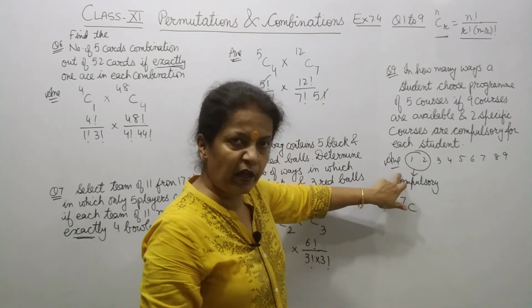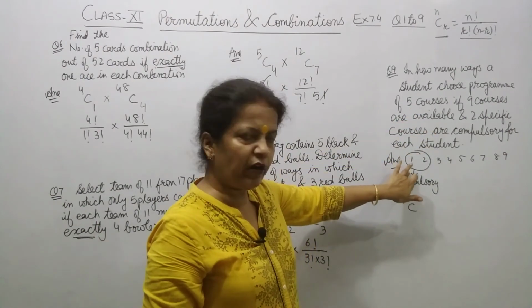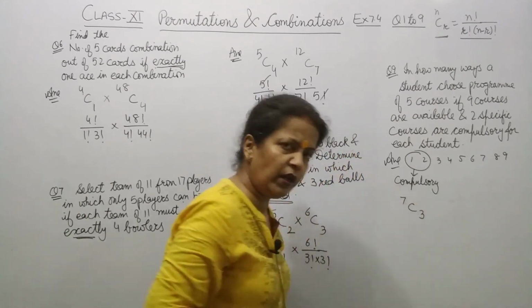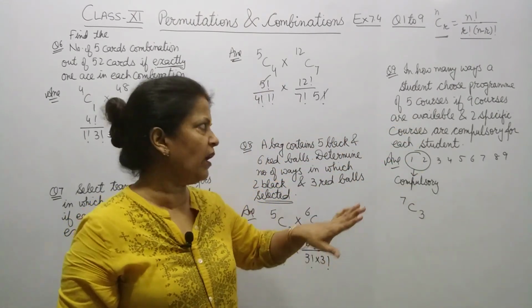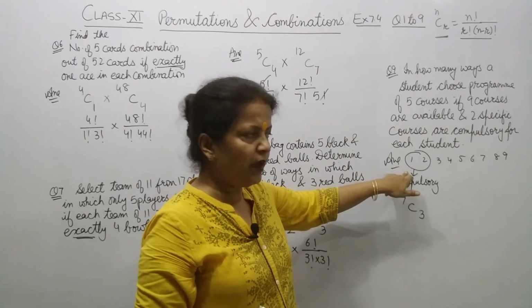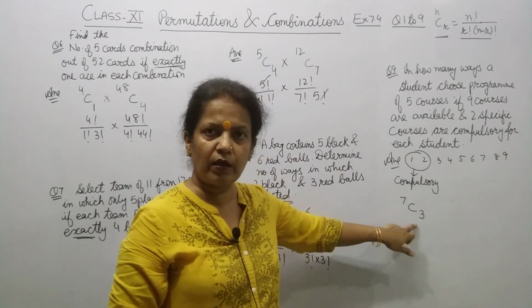These 2 are already compulsory and total 5 courses. So 2 already compulsory, so the remaining one will be 3. These 2 courses have to be taken, so out of 5, these 2 are gone, and the left one will be 5 minus 2, that is 3.